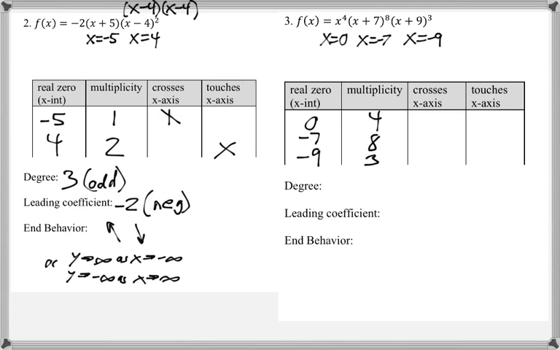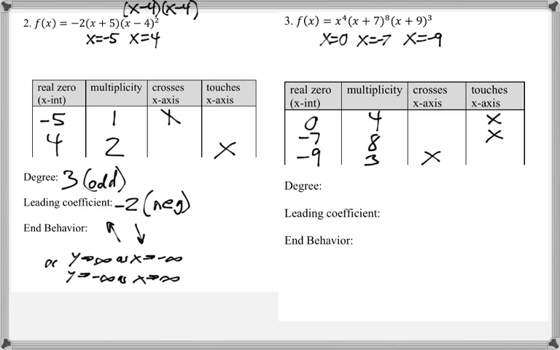So 0 is actually a solution 4 times, -7 is a solution 8 times, and -9 is a solution 3 times. So because of it having even multiplicity, 0 and -7 are going to just touch the x-axis, whereas -9 is actually going to cross it.